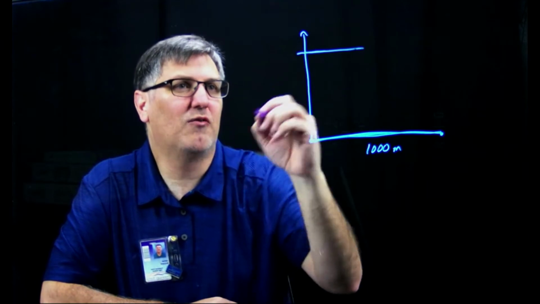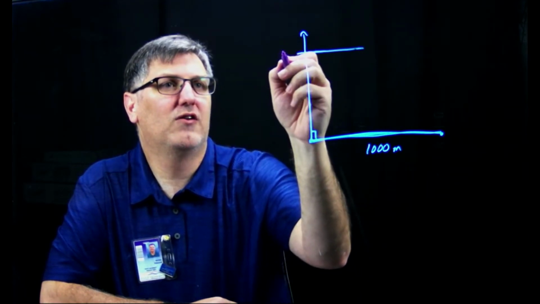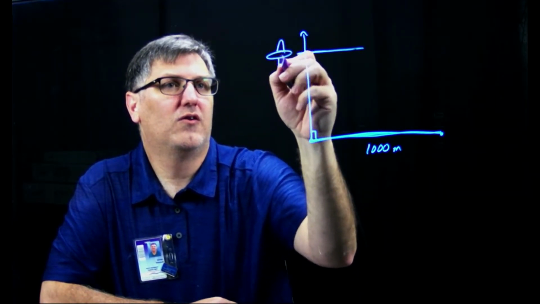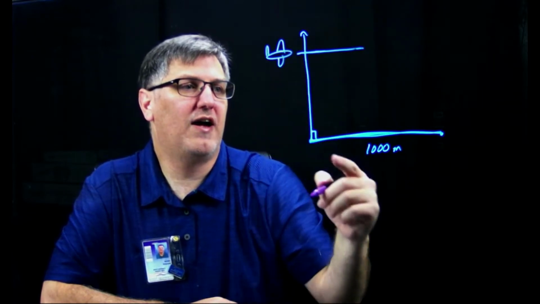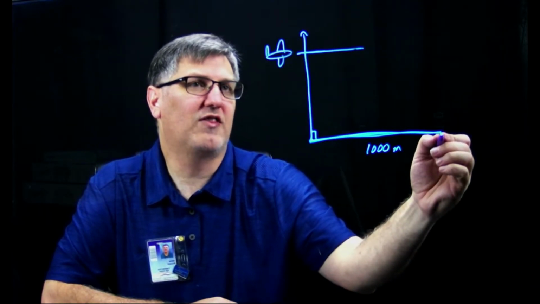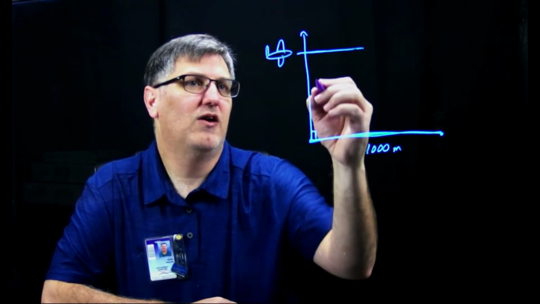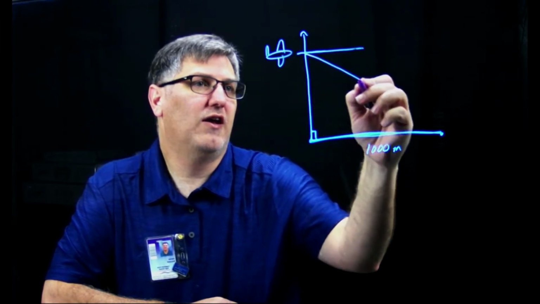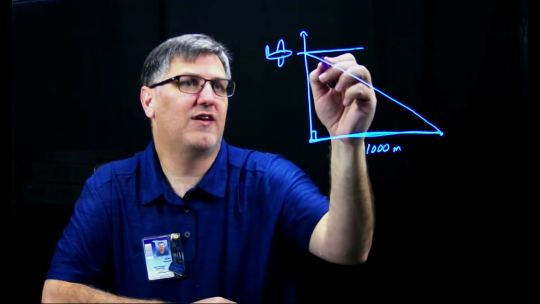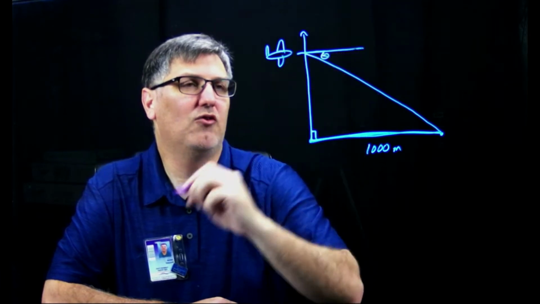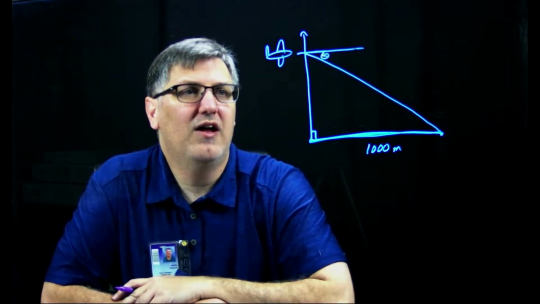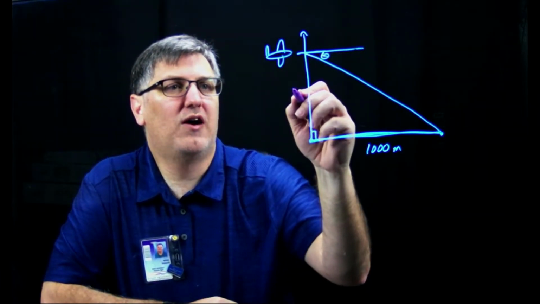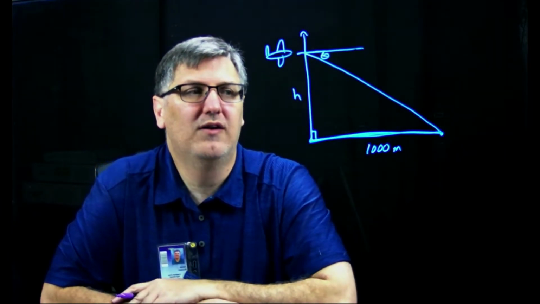Instead of saying a rocket, let's say that this is a plane. We have a camera that's 1,000 feet from a plane, and from the plane itself, let's say the angle of depression. And let's call this my h for height.